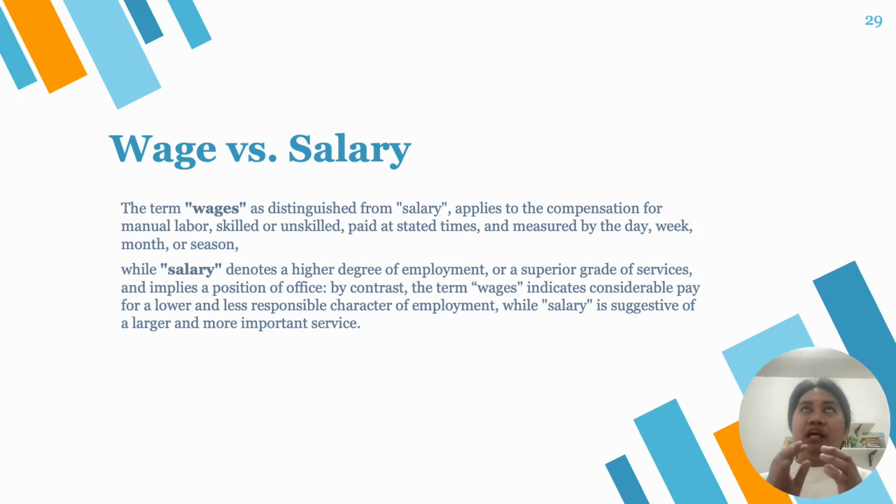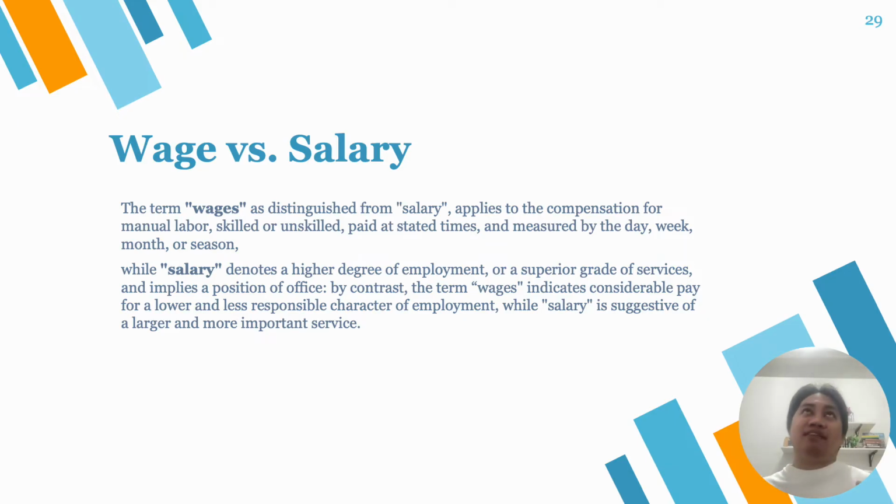Now, we contradistinguish wage versus salary, although we can use them interchangeably, say in a conversation. But with the technical aspect, wages are distinguished from salary because wages, as a term, are compensation for manual labor, skilled or unskilled, that are paid at stated times, and they're usually measured by day, week, month, or season.